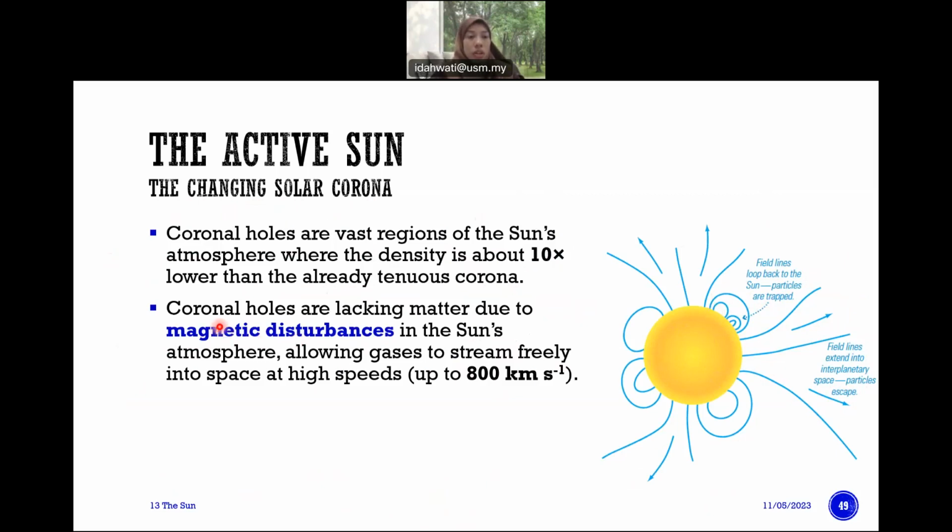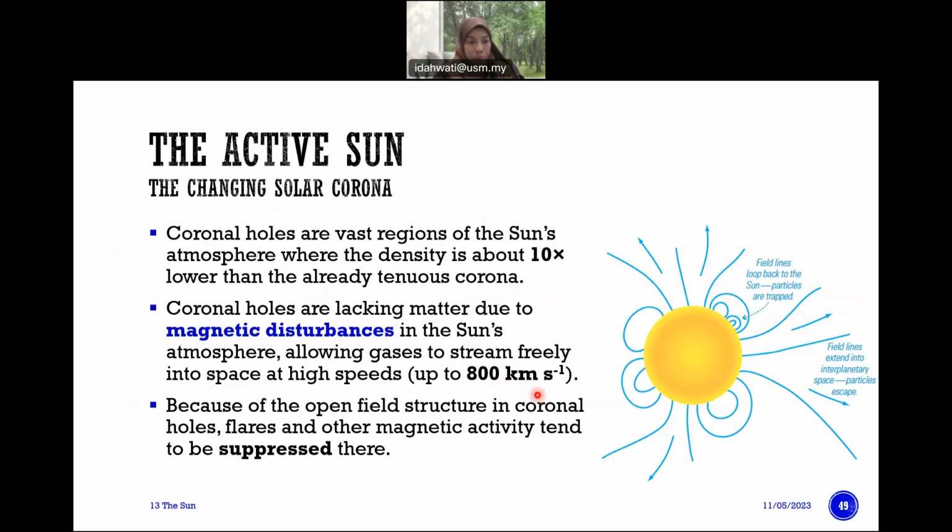So these coronal holes are lacking matter due to magnetic disturbance. This is a magnetic disturbance that happens in the sun's atmosphere and allows gas to stream freely into space at high speed, up to 800 kilometers per second.